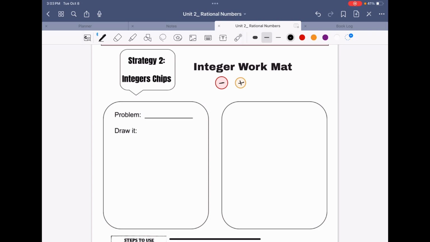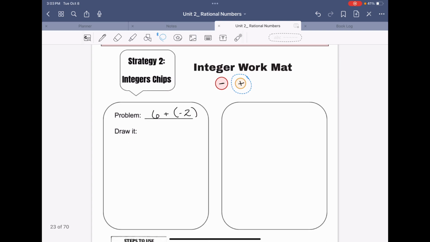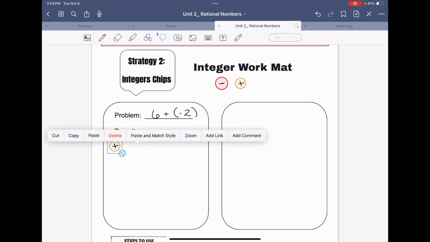So our problem that we're going to show is 6 plus -2. So that means I need 6 positive chips. Just remember, we're doing this with drawing on our paper right now. We cannot be using a calculator for this first section of our unit.